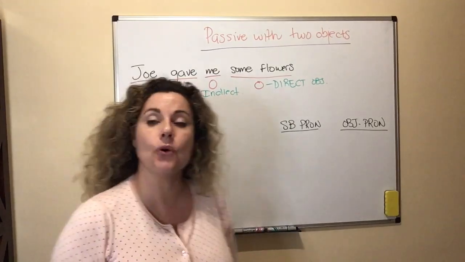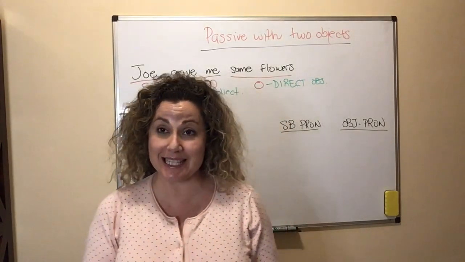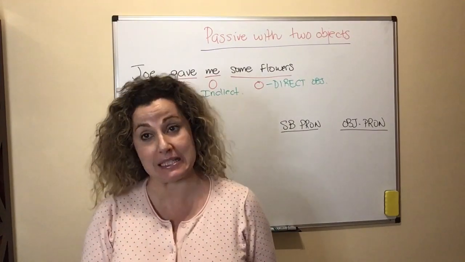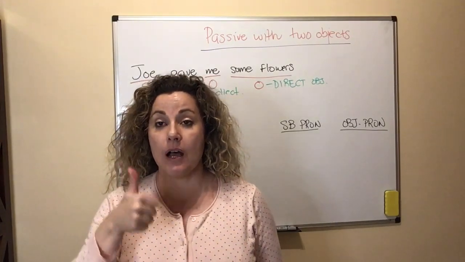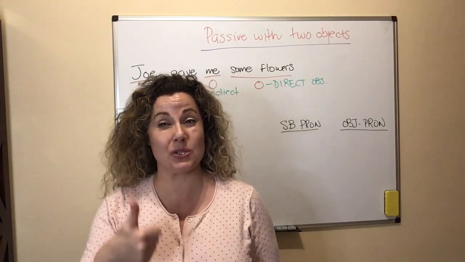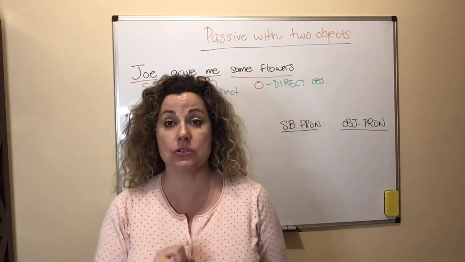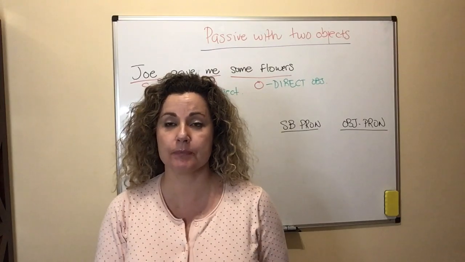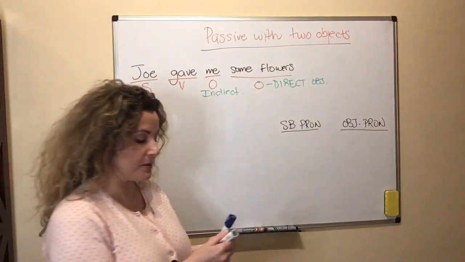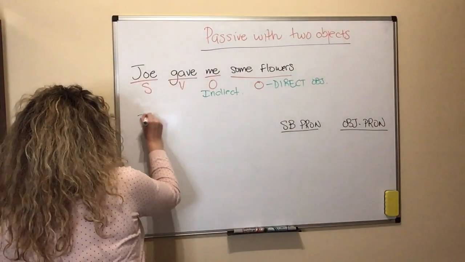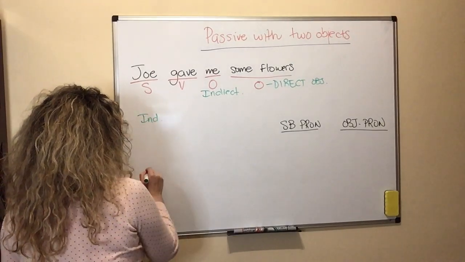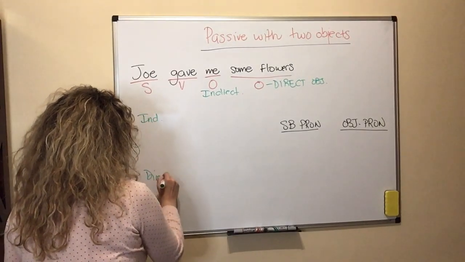So as we have two objects, we're going to have two possibilities when we transform these into a passive sentence. We have the possibility, number one, to start with the indirect object, or the possibility, number two, to start with the direct object. Good. So let's start with the indirect object.